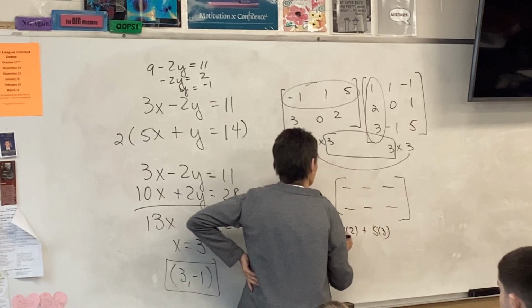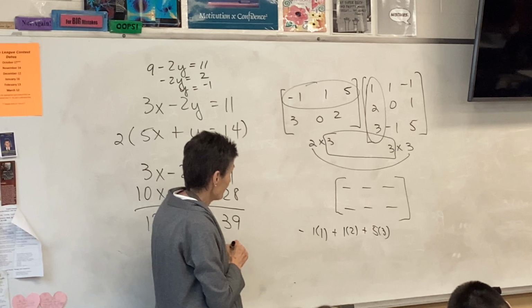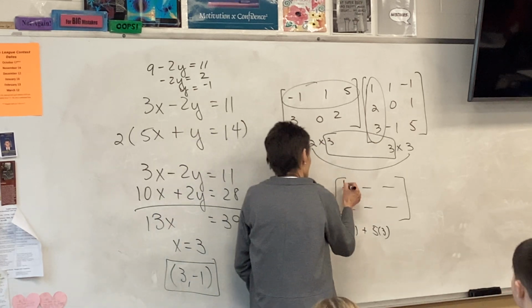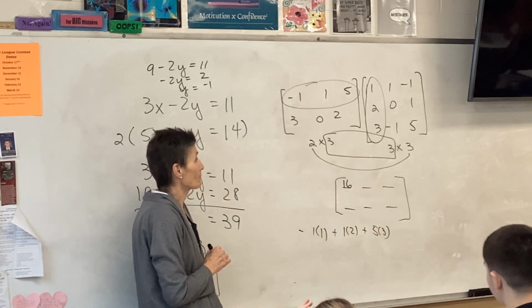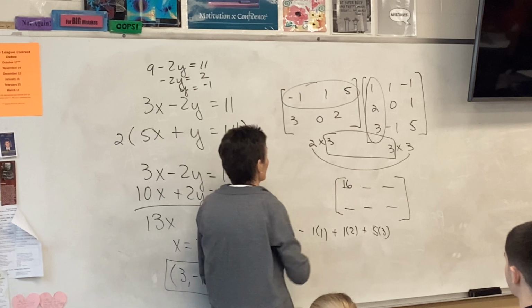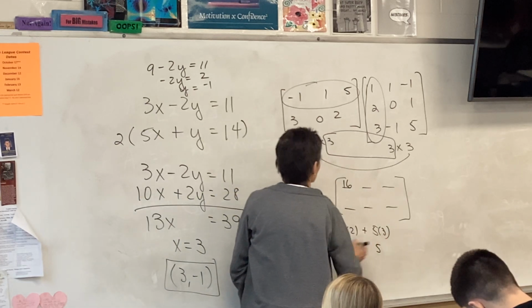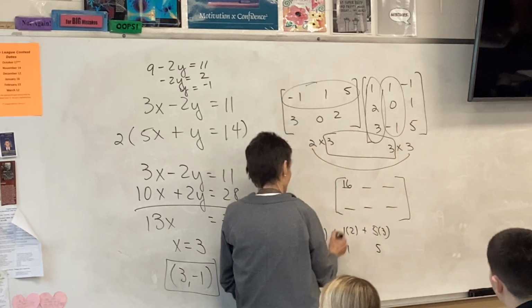That's column 1. And that adds up to 16, did I add right? Row 1, column 2, if I'm going here.